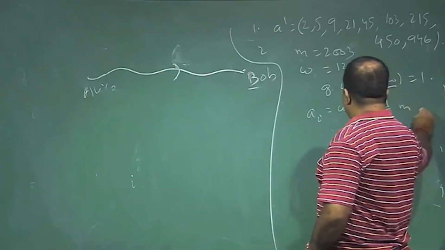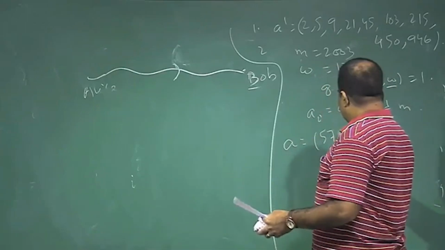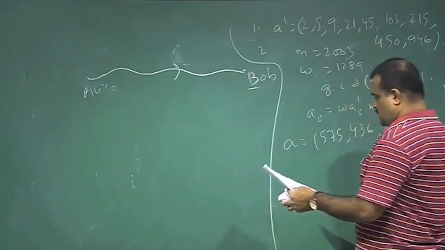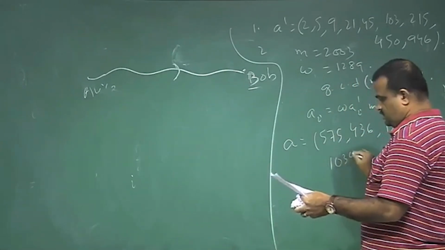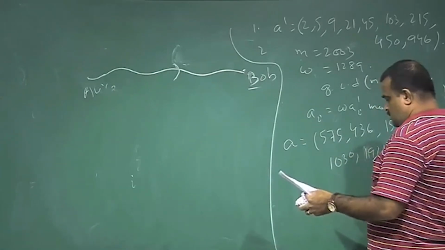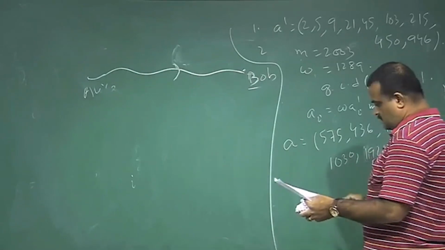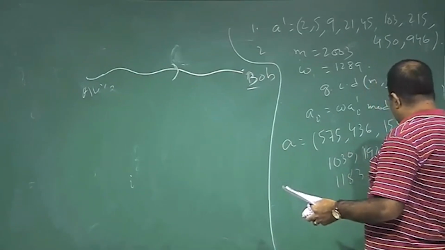If you do that, then we get the A vector as 575, 436, 1586, 1030, 1921, 569, 721, 1183, 1757, 5740.